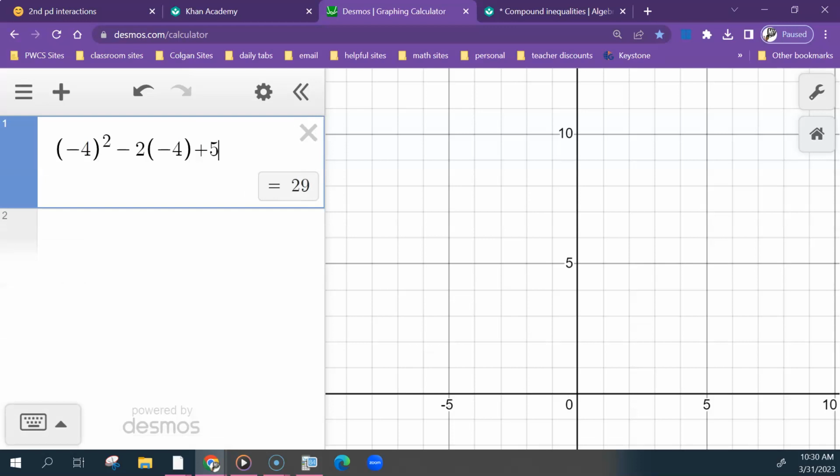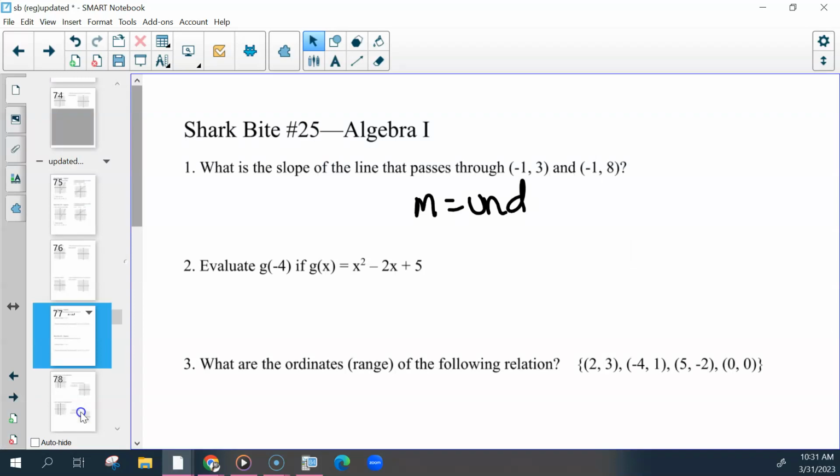So should be 29. Try again. So g of -4 equals 29, or g of x equals 29, either or.